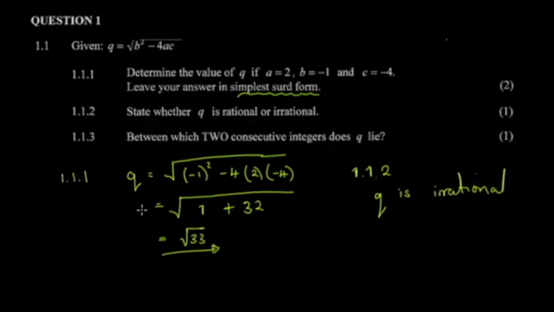So any number that you cannot express in this form, a over b, where a and b are elements of the integers. Anything that you can express in fraction form where there are numbers is a rational number. So for example, 17 over 13, this is a rational number.